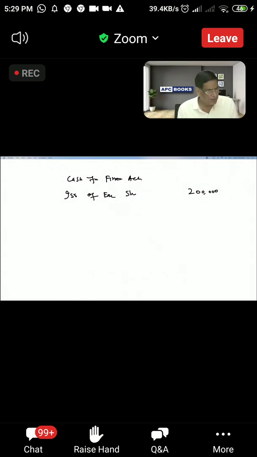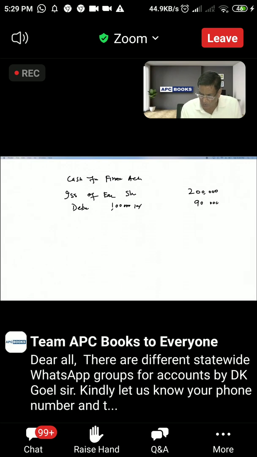Debentures. First year 3 lakh, second year 4 lakh. Below is given that debentures were issued at a discount of 10%. So 1 lakh debenture issued at 10% discount means only 90,000 were received from issue of debentures.